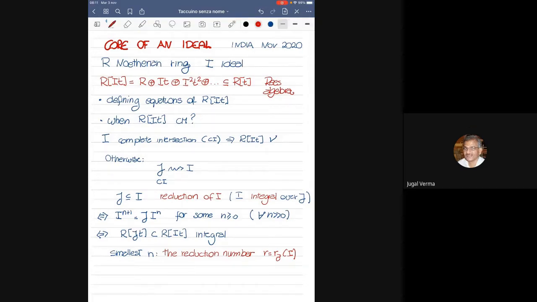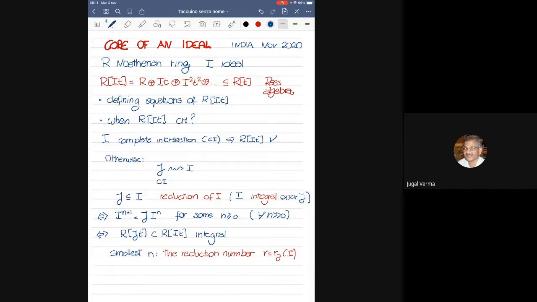Since we look for the best J, what does the best J mean? It means really that J should be the one with fewer generators, or you could also say it should be the smallest in terms of inclusion.